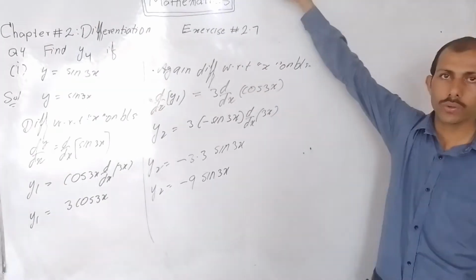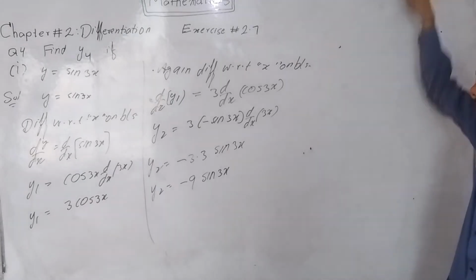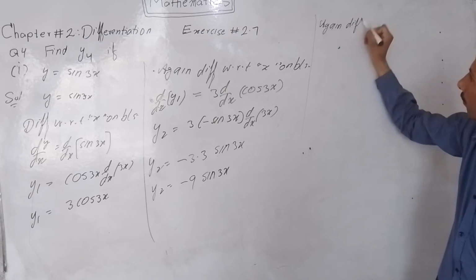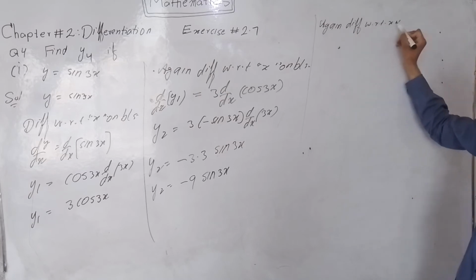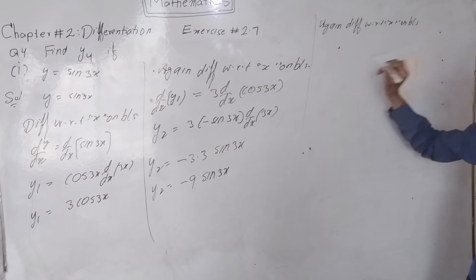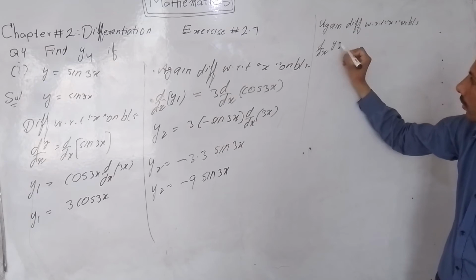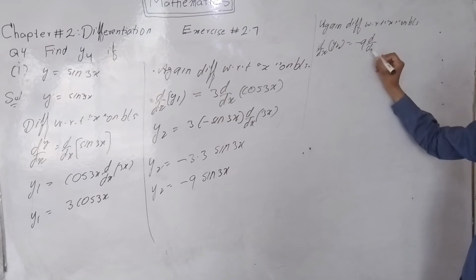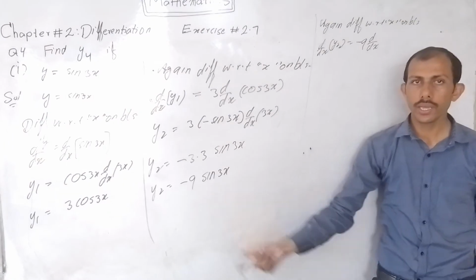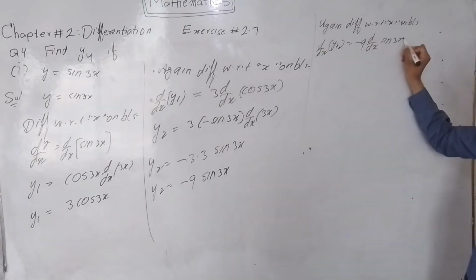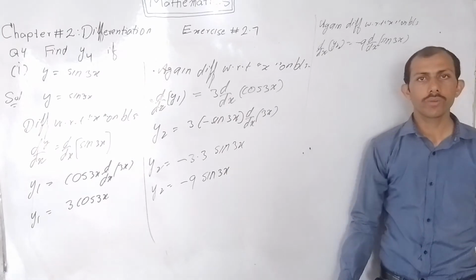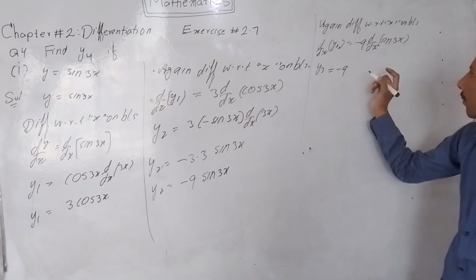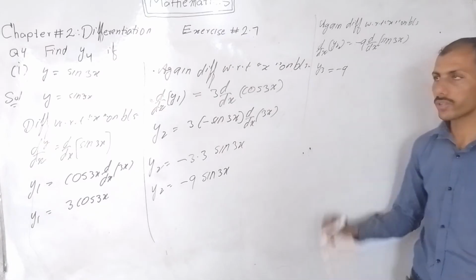Again differentiate with respect to x on both sides. The derivative of y2 with respect to x is y3. y2 is minus 9 times the derivative of sin 3x. The derivative of sin 3x is cos 3x.